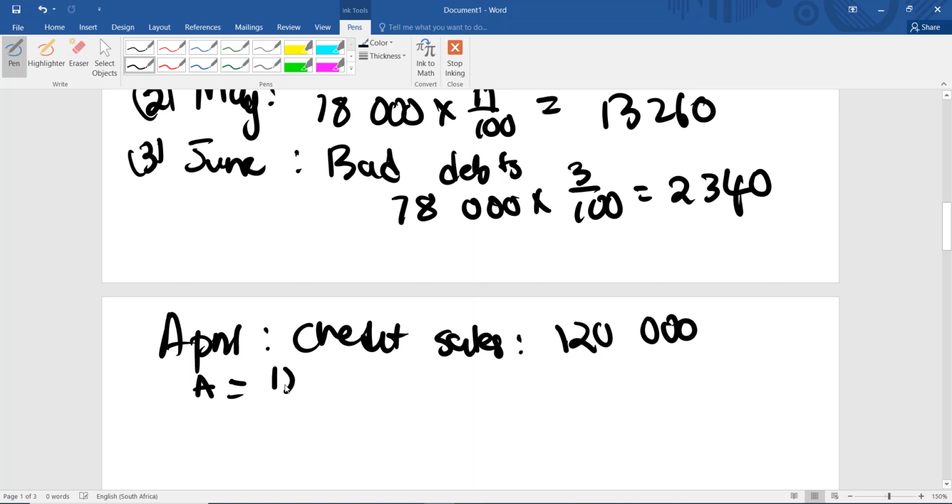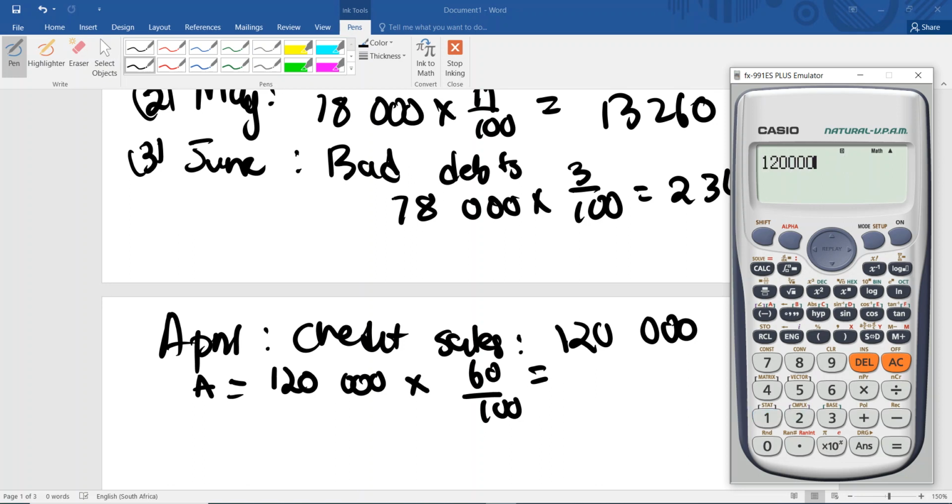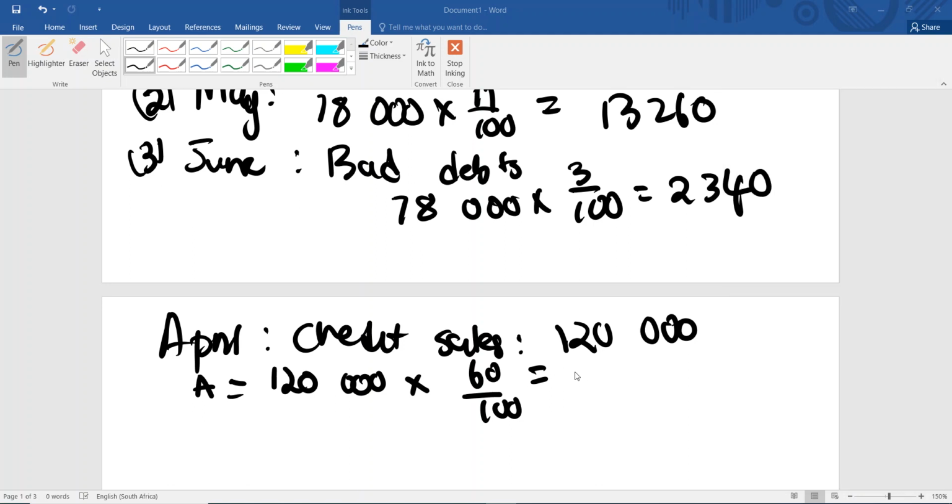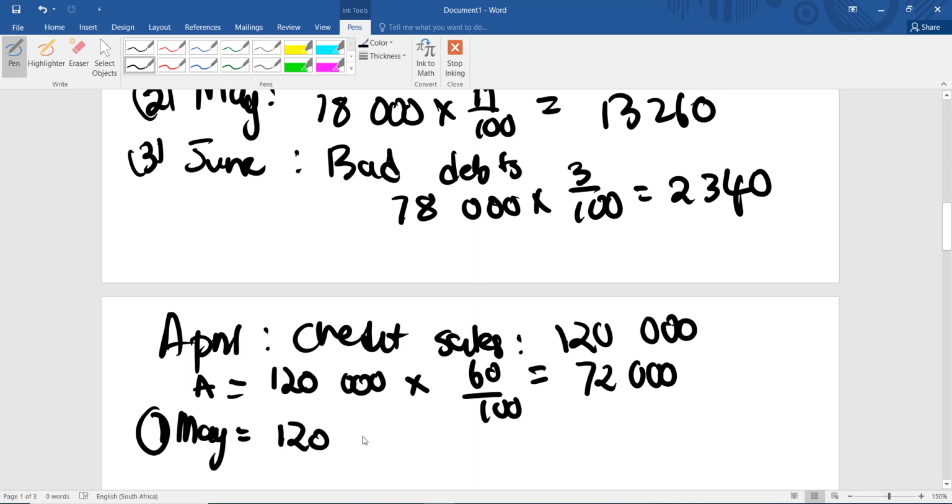So 120,000 multiplied by 60 over 100, and then we'll get how much will be collected. 120,000 multiplied by 0.60 is giving us 72,000. So 72,000 will be collected in the same month. And then in the first month, which is May, we'll collect 20% according to the policy here. So we say 120,000 multiplied by 20 over 100.